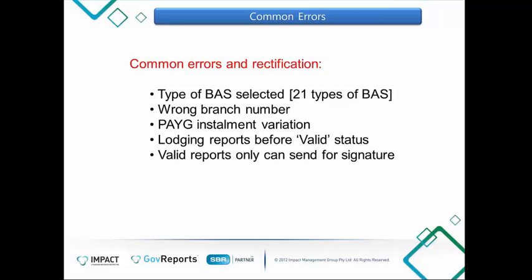The second common error that we normally get is the branch number. In many cases we have seen that when you add a client into GovReports, the branch number is neglected, perhaps because when you work in the portal, it's not as visible. But when you're lodging through SBR software, you need to confirm the branch number.